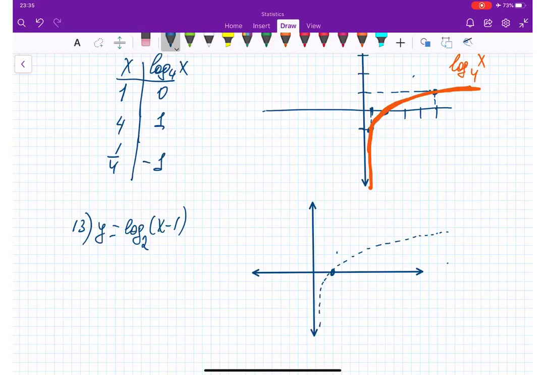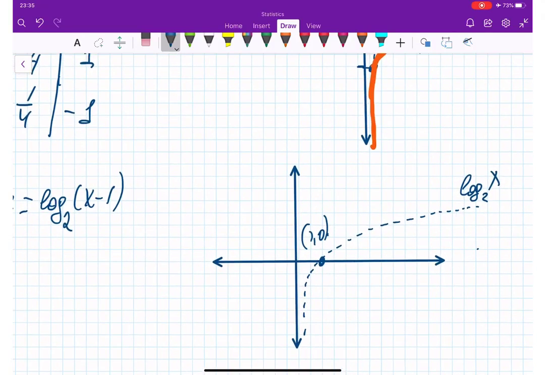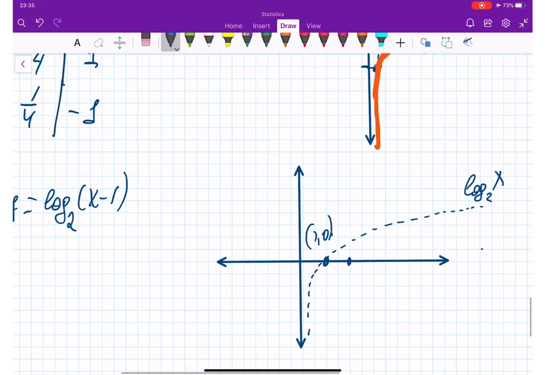Okay, this is logarithm x by base 2, but we need x minus 1, so this point 1 and 0 is going to shift by 1, right, which is going to come to here. So it's going to be 2 and 0, right?